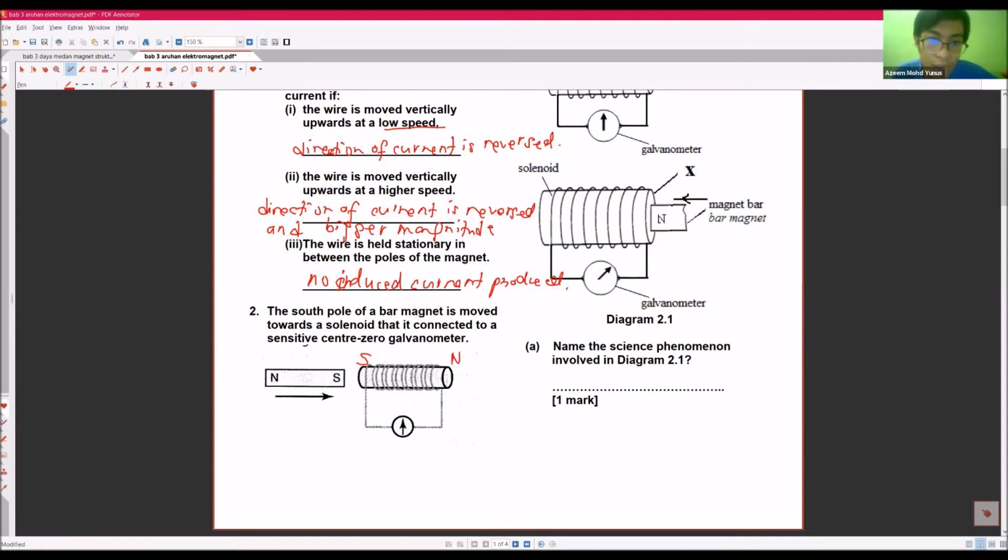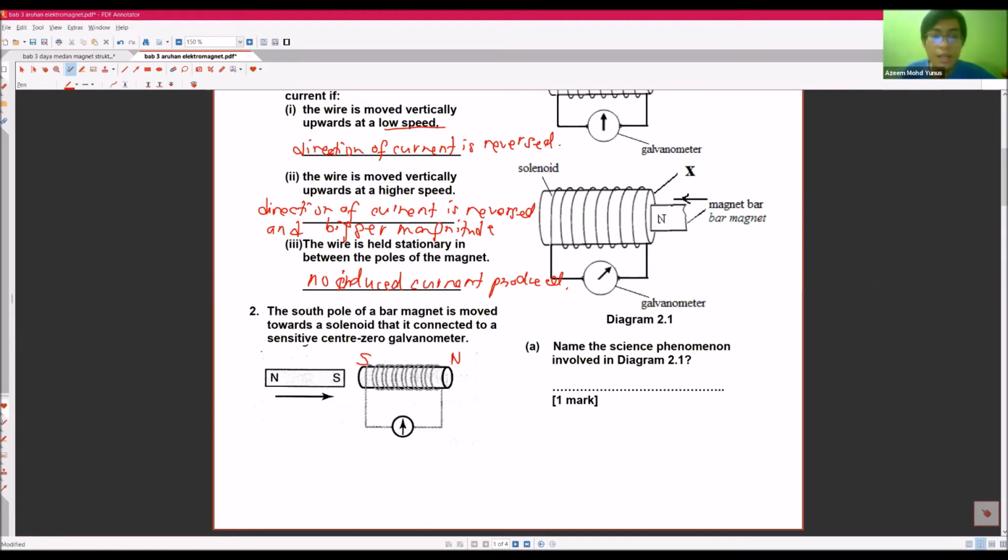So if the south is approaching, we need to make it move south away, so it must be the same pole. South and south poles will repel each other. So just remember, same pole approaching, it will be the same pole as well.